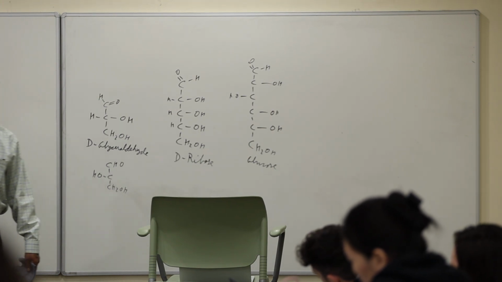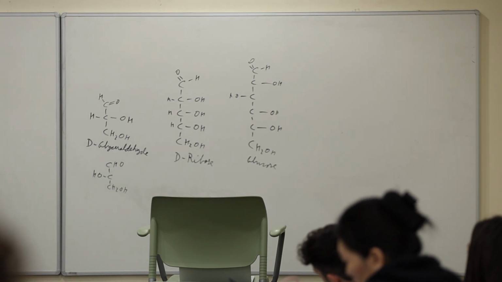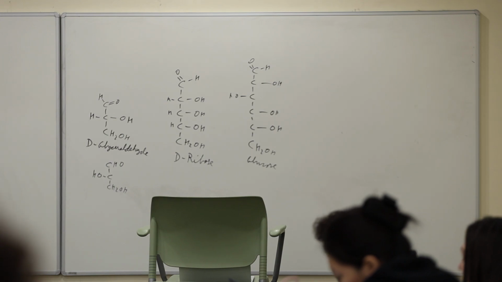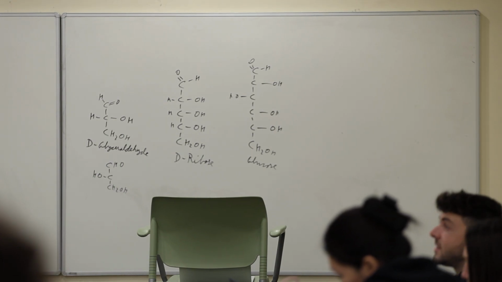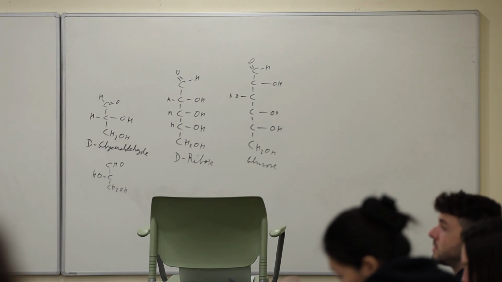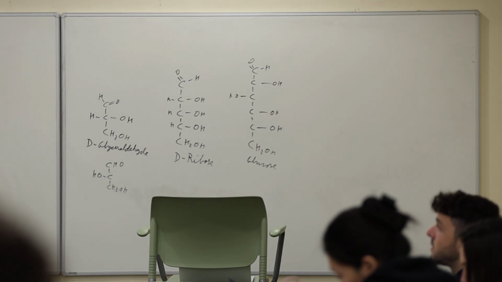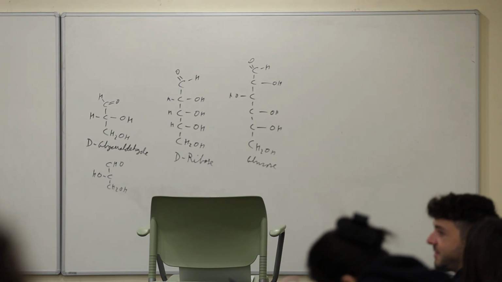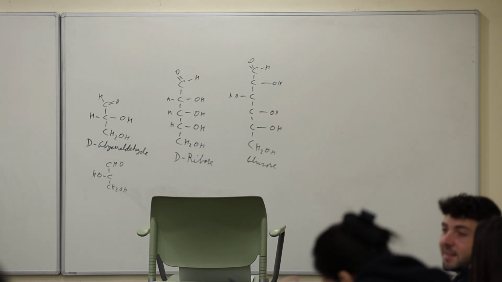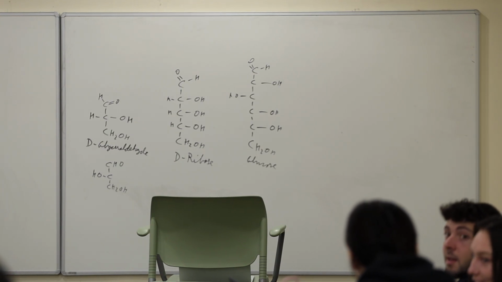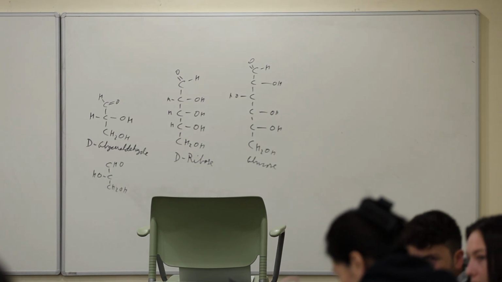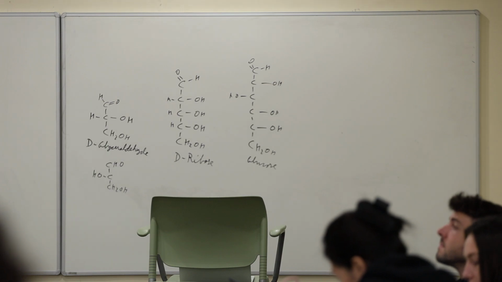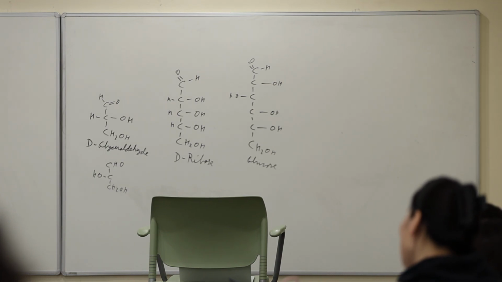So which other 6-carbon sugar is somewhat common besides glucose? Yes, fructose is not this one, it's not an aldose. Anyone know? Sucrose is not, sucrose is a disaccharide. There are 2 other sugars that are present in relatively significant amount, and one of them is galactose and another one is mannose.